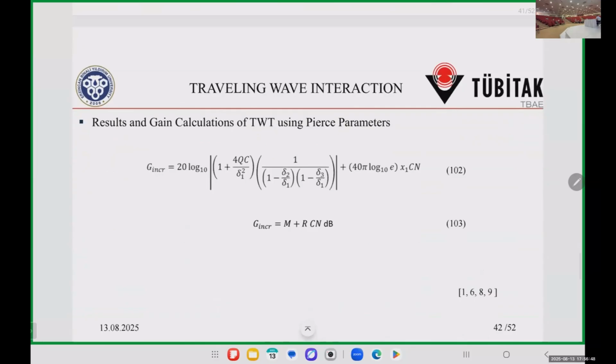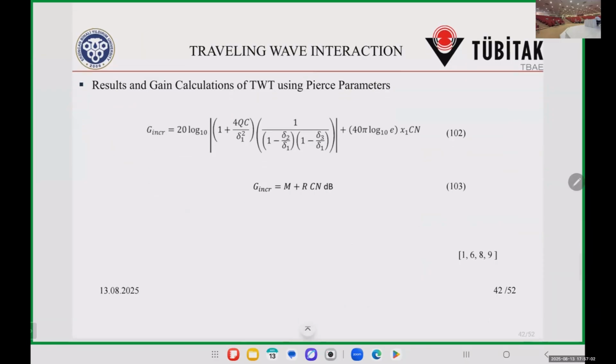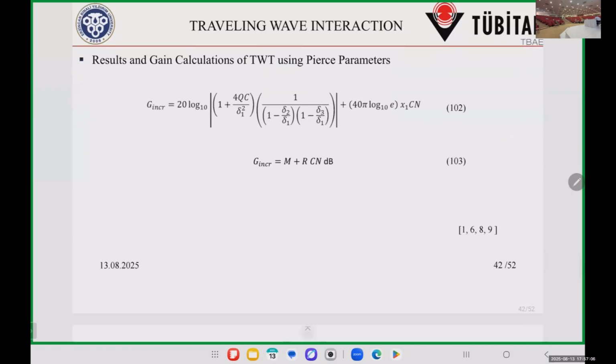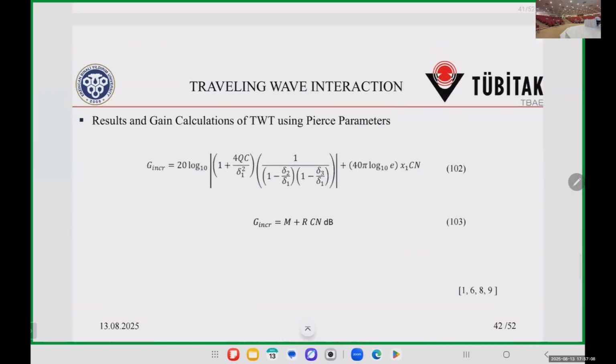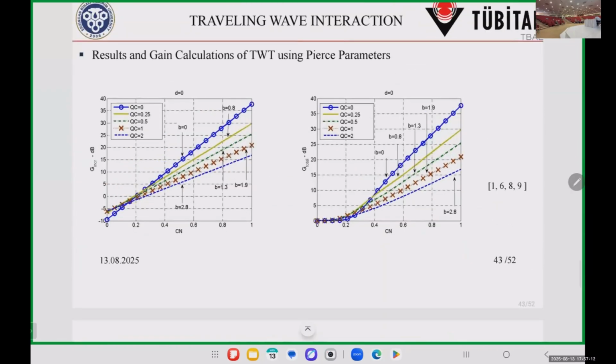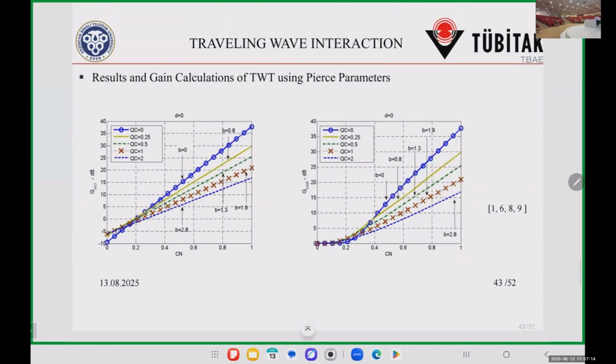If you think about just the increasing wave, then we can write the incremental gain here. If we calculate this for a certain Cn, then we can obtain these results here.